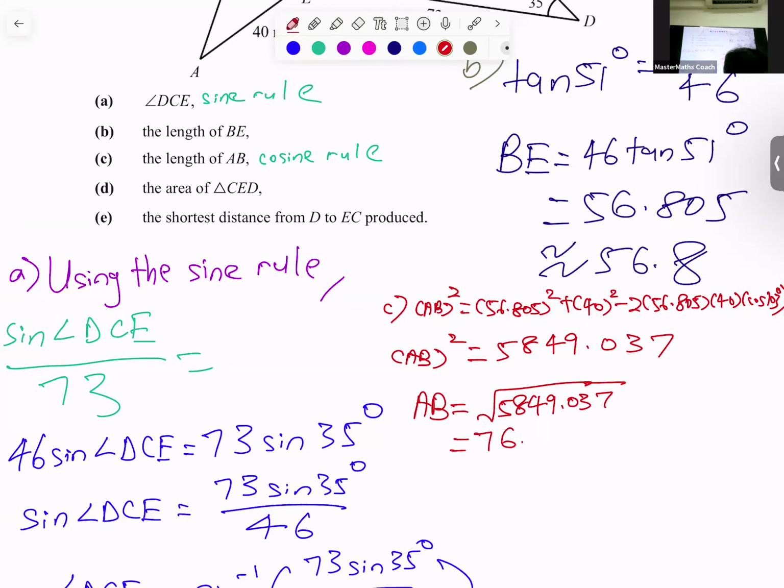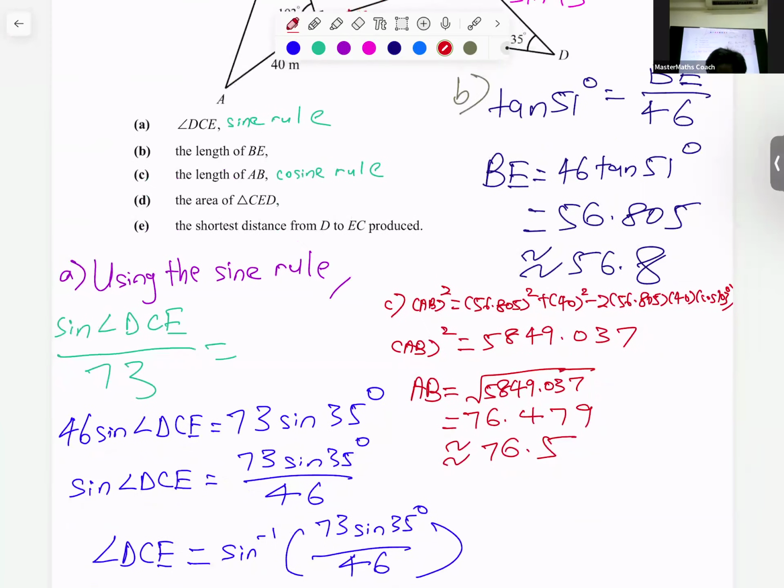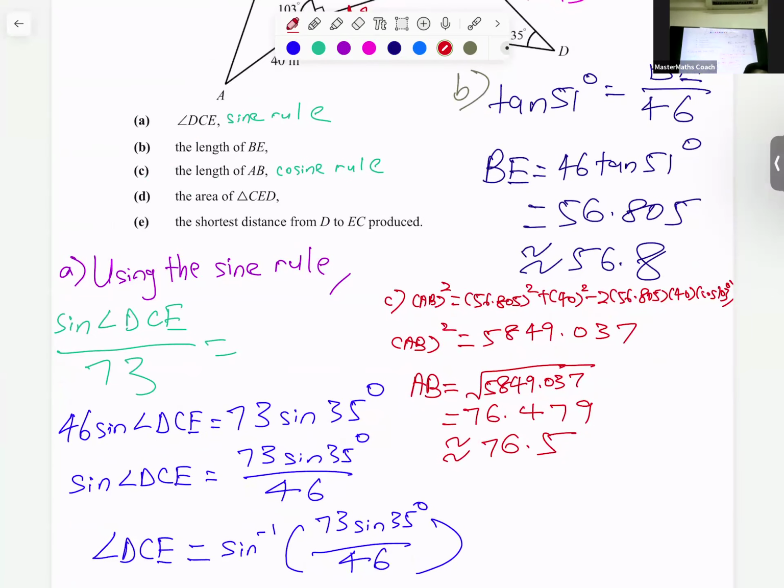And this will be 76.479, round off to 76.5. Usually cosine rule will have a lot of decimal places, but we cannot run away from it. At the end of the day, we have a calculator, so we make good use of that. Any issues?